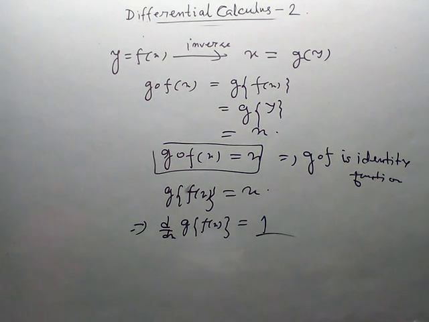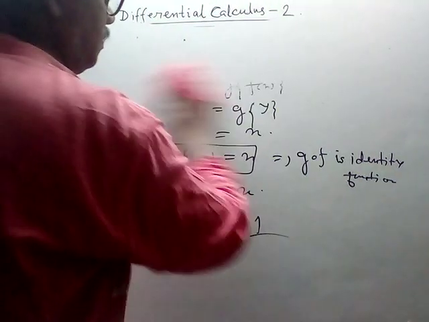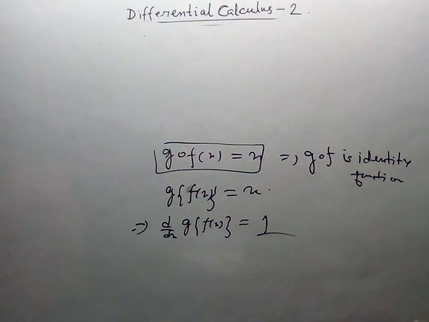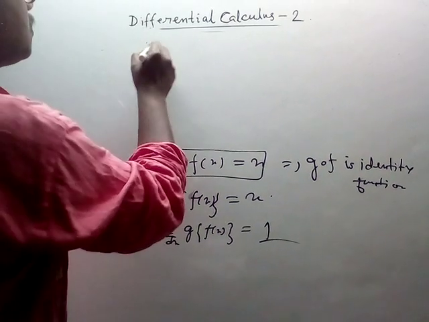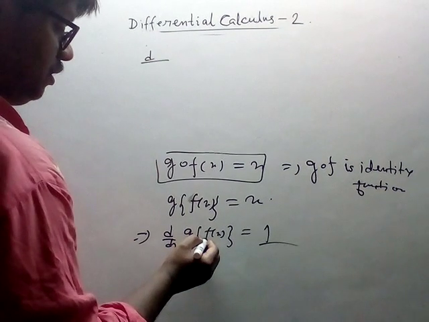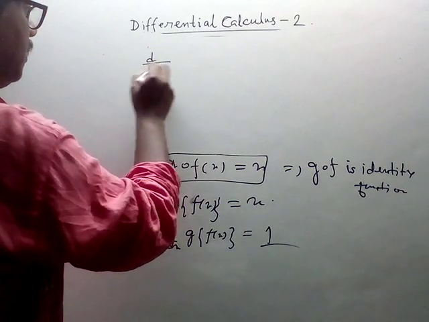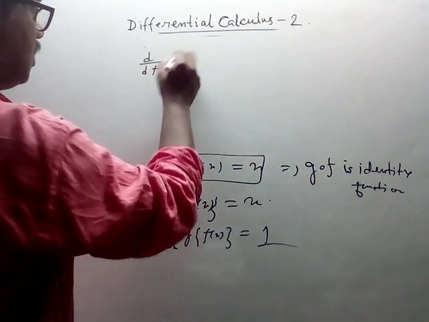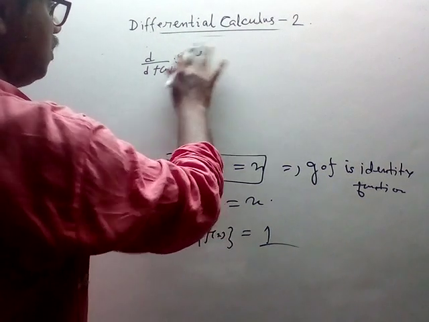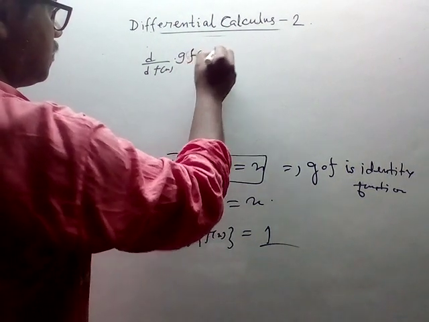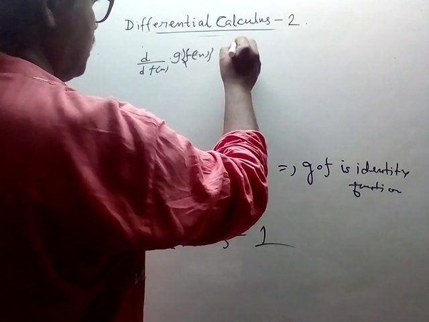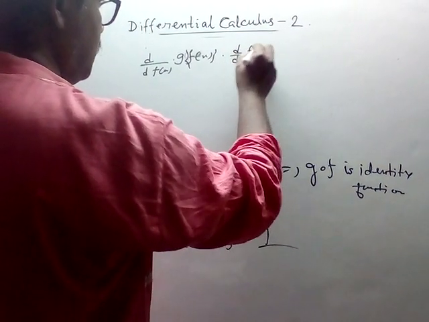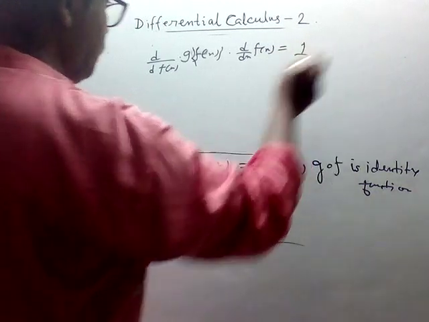Now d/dx of g of f(x), by chain rule, is g dash of f(x) into f dash x, where f dash x means d/dx of f(x), equals 1.